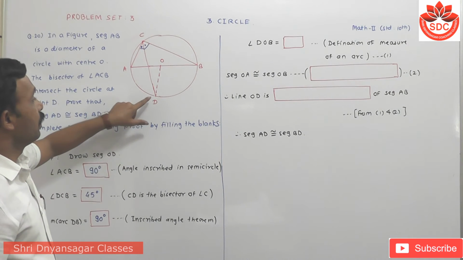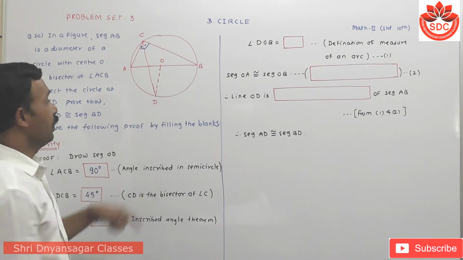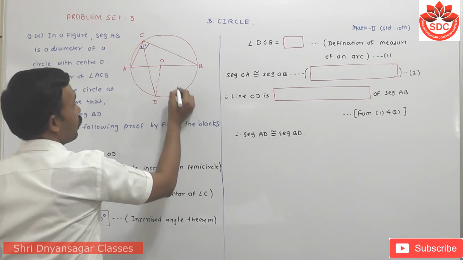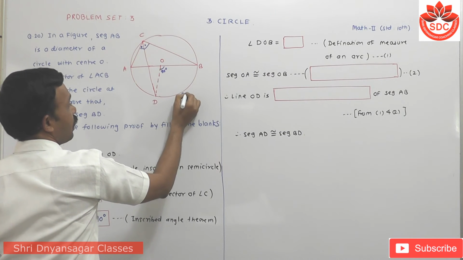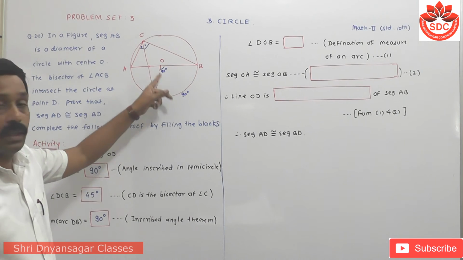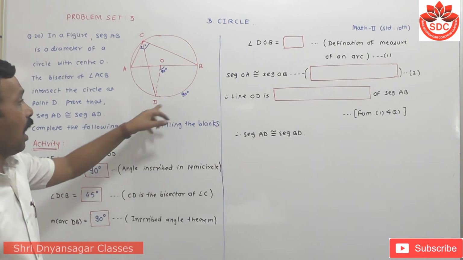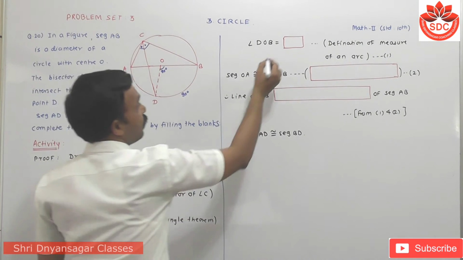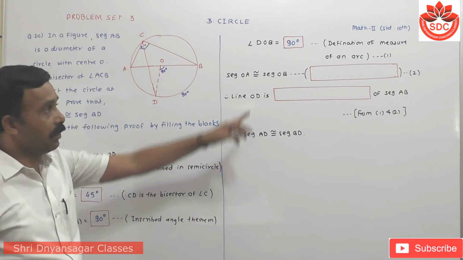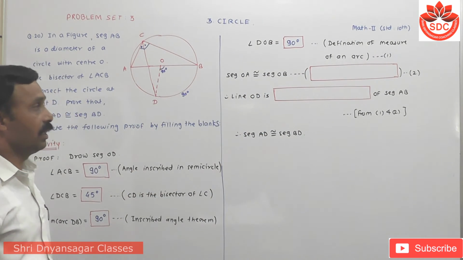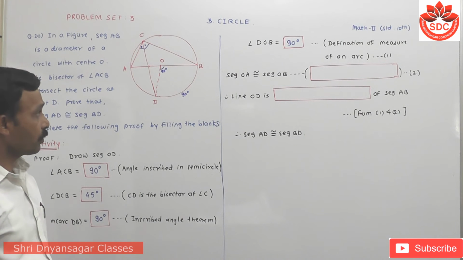Then angle DOB, look carefully, this arc is 90 degrees, so this angle is also 90 degrees, because this arc is also 90 degrees. By using the definition of measure of an arc, this angle is also how much? 90 degrees. Definition of measure of an arc. Let it be equation number first.